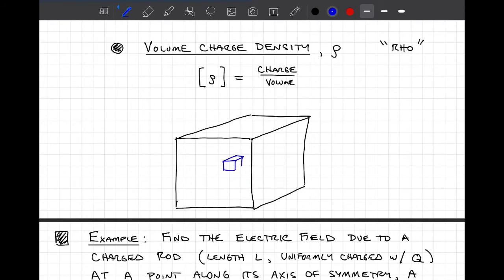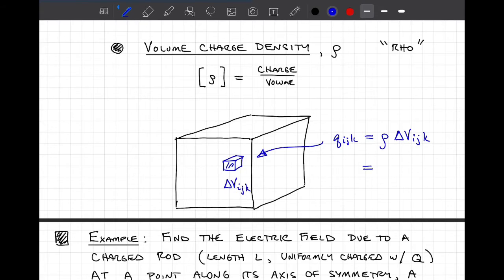So I'm going to have some chunk sitting inside there, which will be delta v, and that delta v is going to be labeled by three integers, delta v ijk, because you have to say how far in x, how far in y, how far in z you go to get to this particular chunk. And q ijk is going to be equal to rho times delta v ijk. It's going to be the volume density at that point multiplied by delta v ijk.